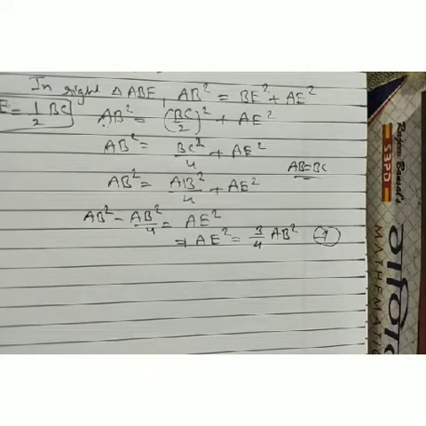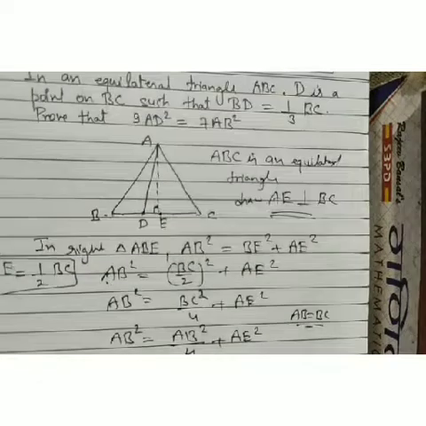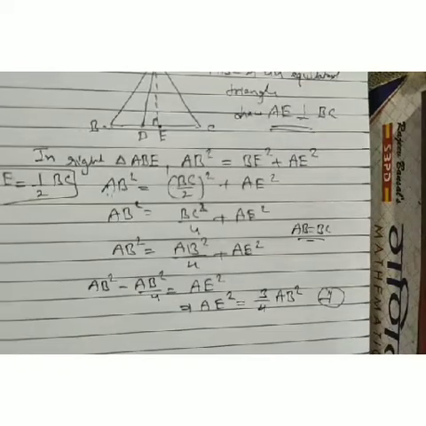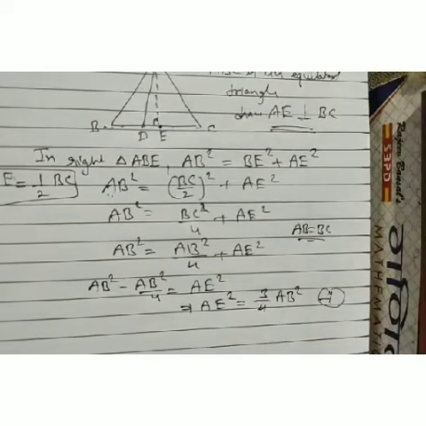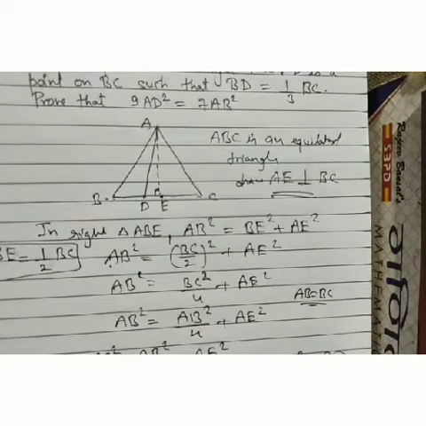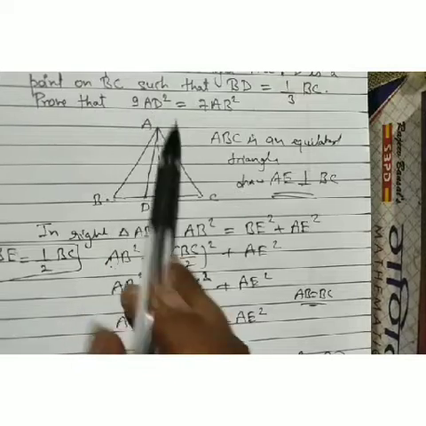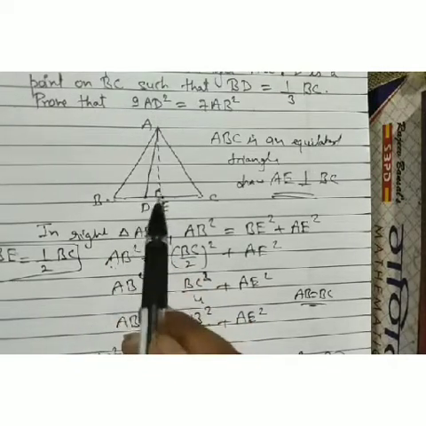Now look, we need to prove 9 AD square equals 7 AB square. We have AE square here, and we got AB there. Now we need to change it in terms of AD, so we need our side AD. Then we are going to take triangle ADE.